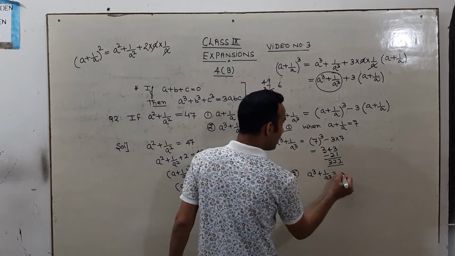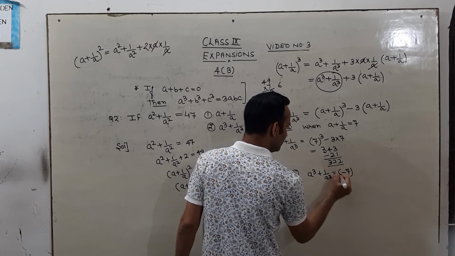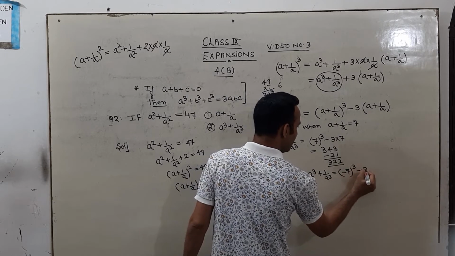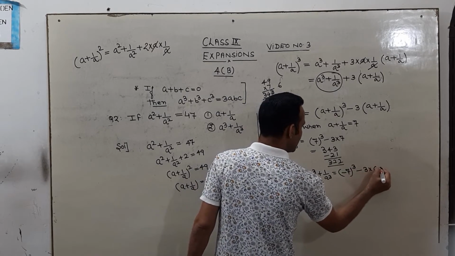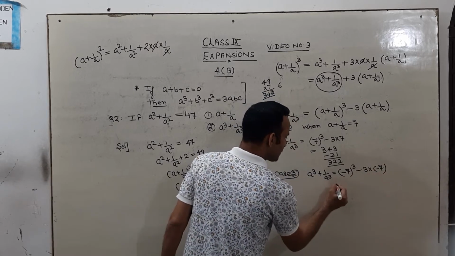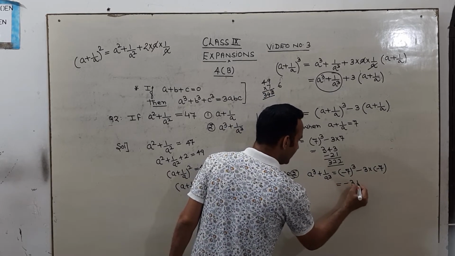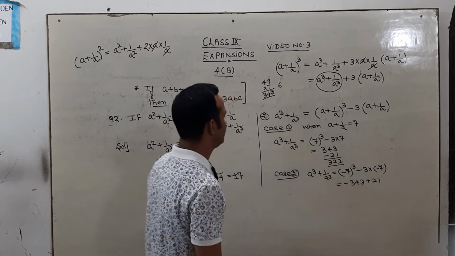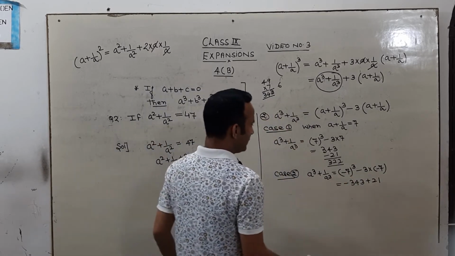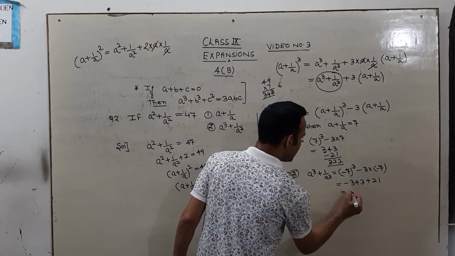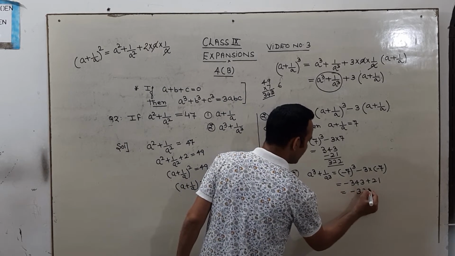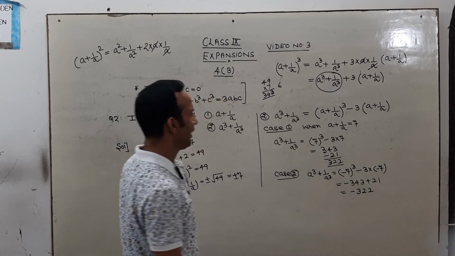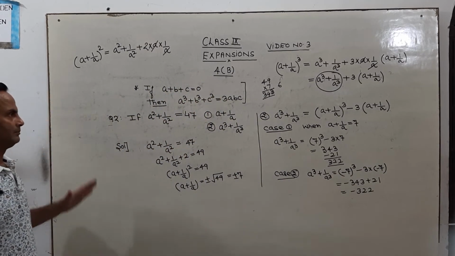Minus 7. Minus 7 का whole cube. Minus 3 multiplied with minus 7. This is what? Negative 343 plus 21. Okay. This will become what? Minus 322. Okay. This is the required answer.